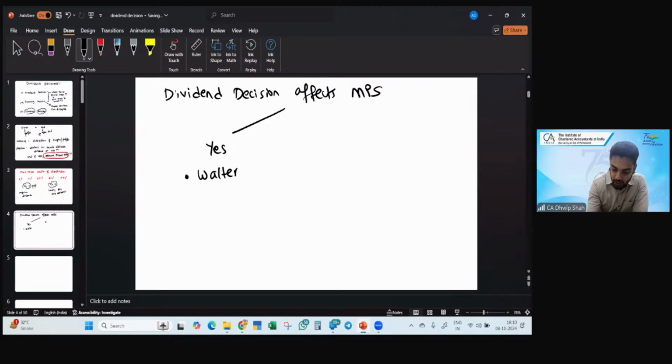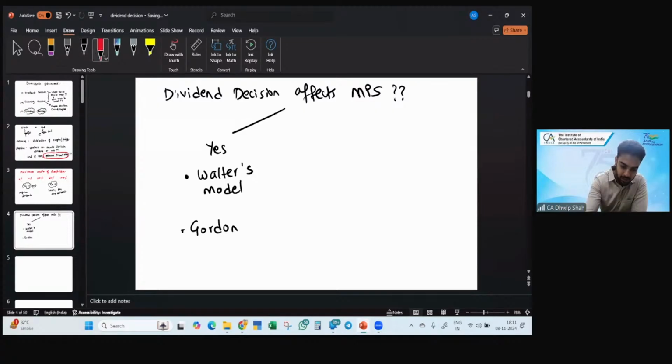Who are those finance scholars? Walter, and it is called Walter's model of dividend decision. Second is Myron Gordon. These two are of the same opinion that the company's dividend decision does affect the market price. Means it has relevance in the market price.